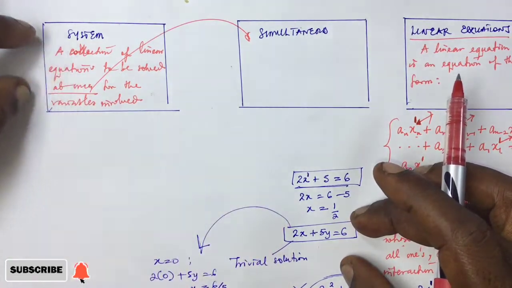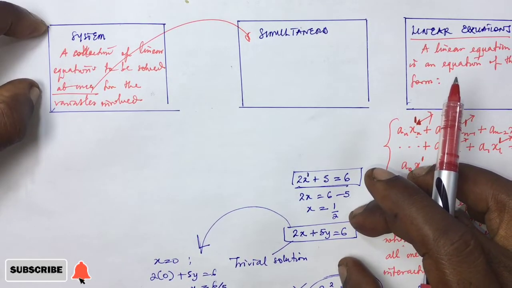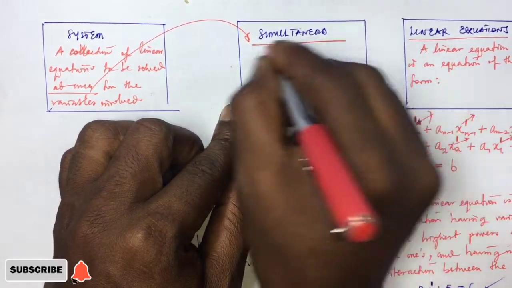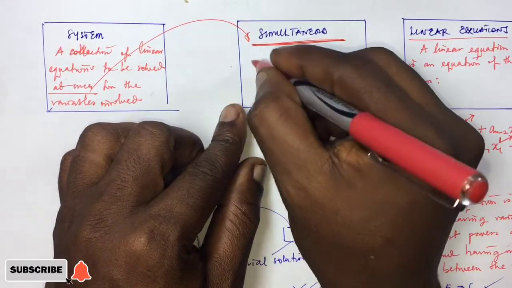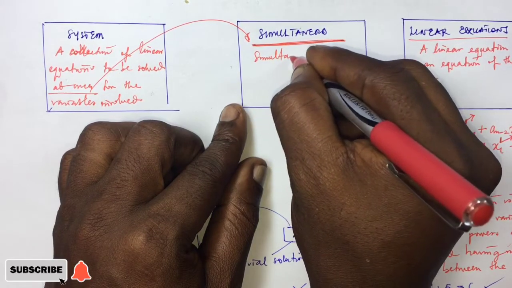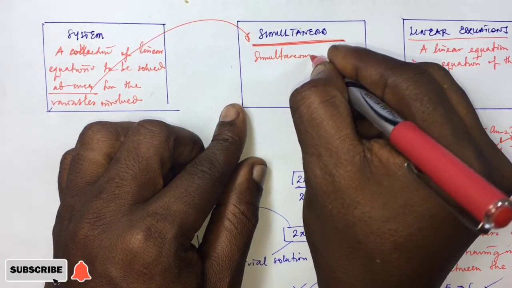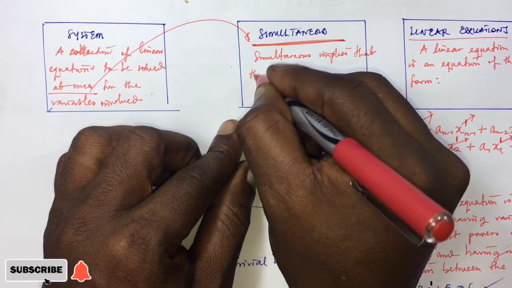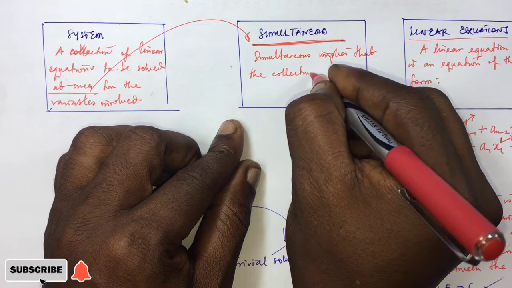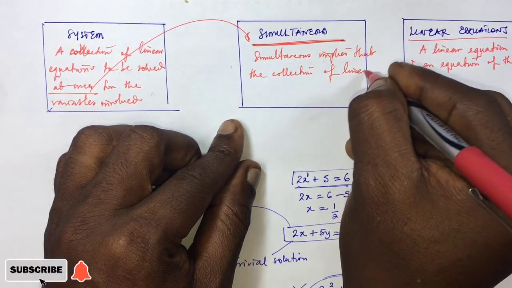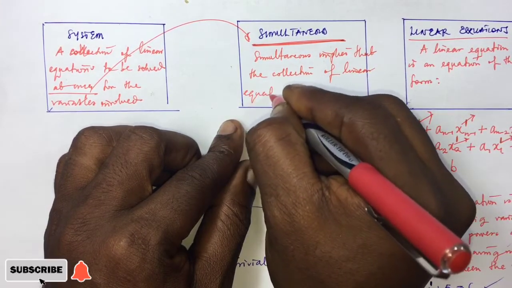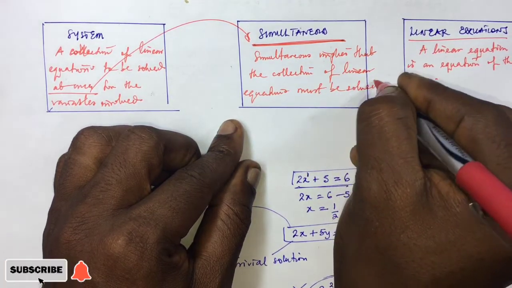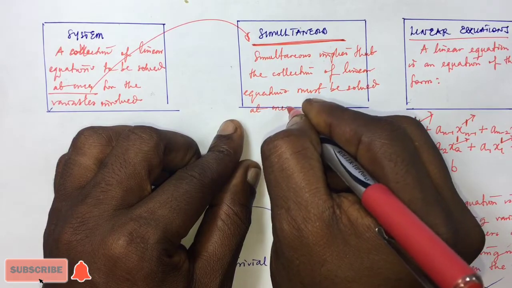And what is proper is to look for another linear equation in two variables, which can be used to form what we call a system, a collection of linear equations that can be solved at once. And solving at once means solving simultaneously. So simultaneous here implies that the collection of linear equations must be solved at once.